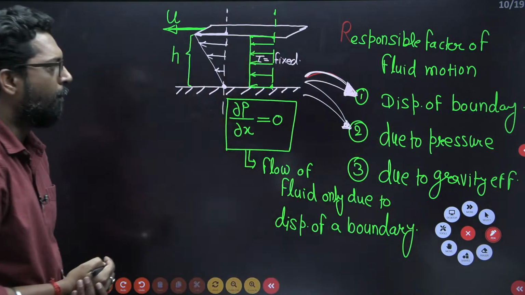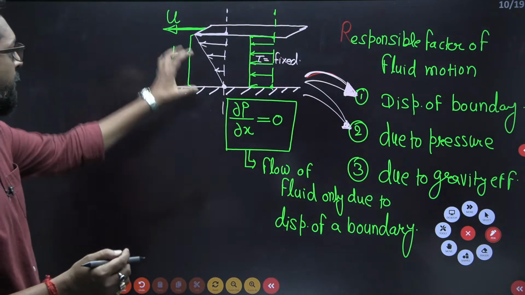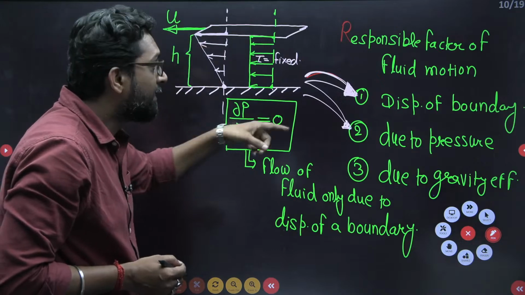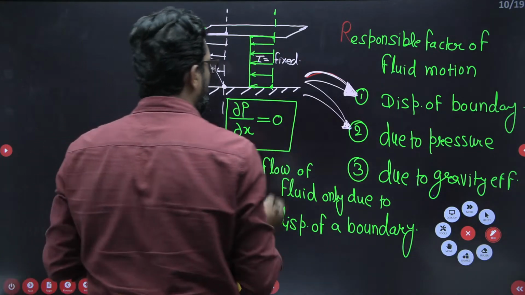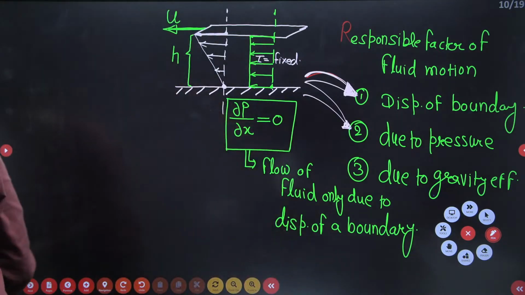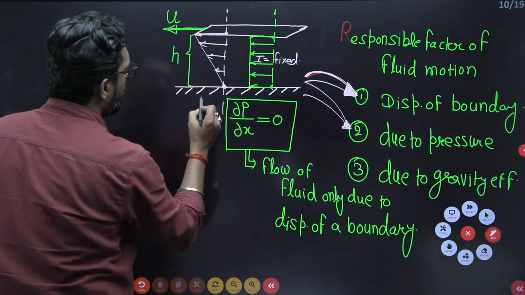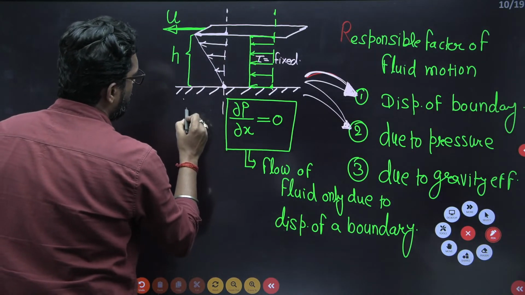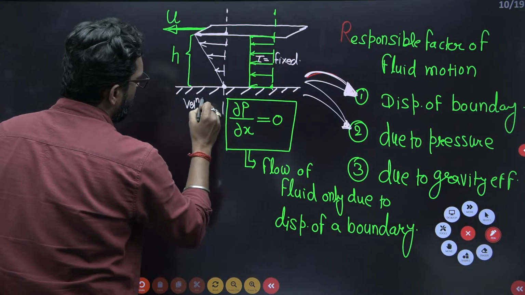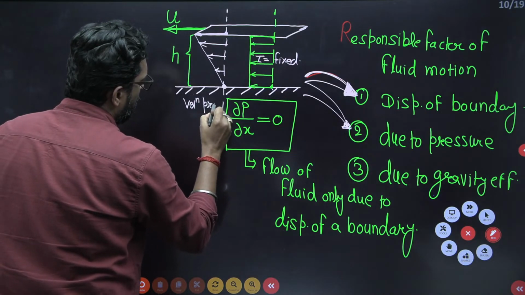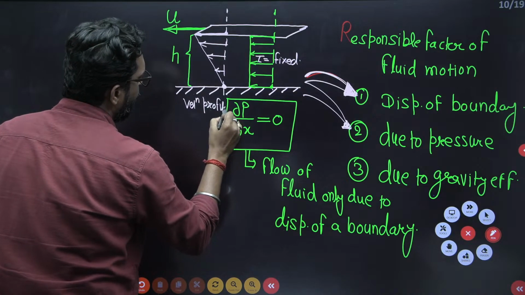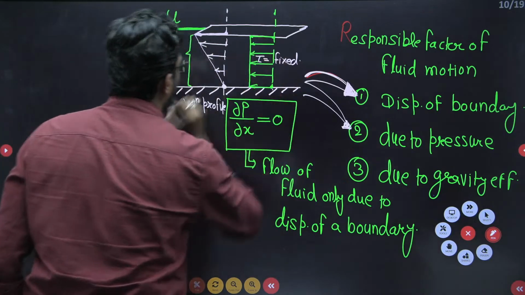Displacement of a boundary within the minimum gap, that is called Couette flow. Okay. So this is your velocity profile, and this is linear, and this is your shear stress distribution.